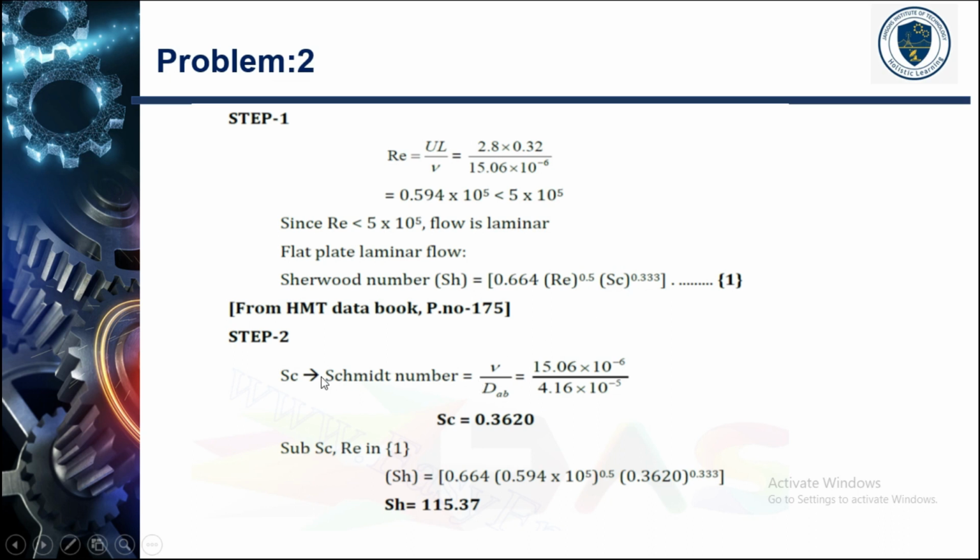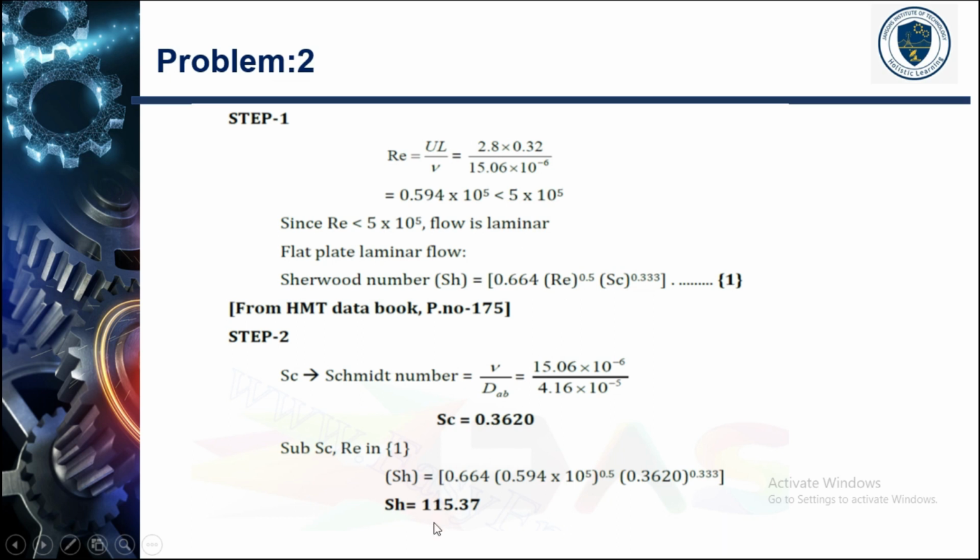So we have to evaluate the Schmidt number. For evaluating the Schmidt number, nu by DAB. Nu we already know, and DAB is given. If you substitute nu and DAB, we find the Schmidt number. After finding the Schmidt number, substitute the Schmidt number and Reynolds number in the Sherwood number formula.